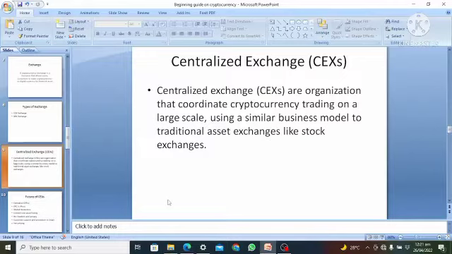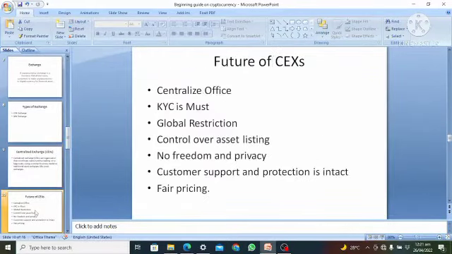So let's look at the features of centralized exchange. Number one feature is that they have a centralized office. So they have a place to identify them and get to them. If you say, this is my money, and if I have an issue, how can I get it solved?